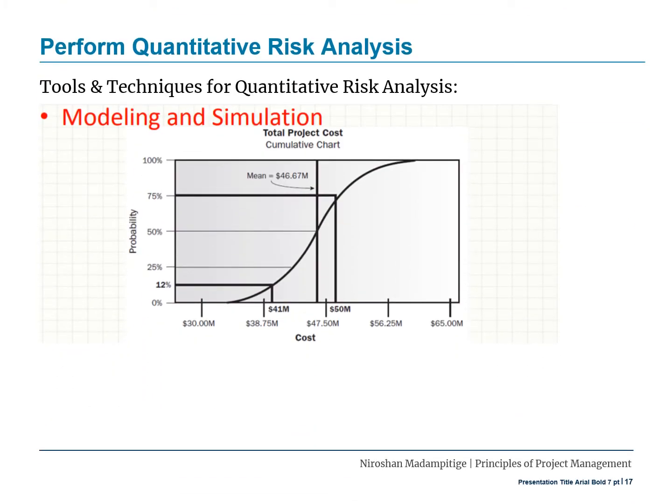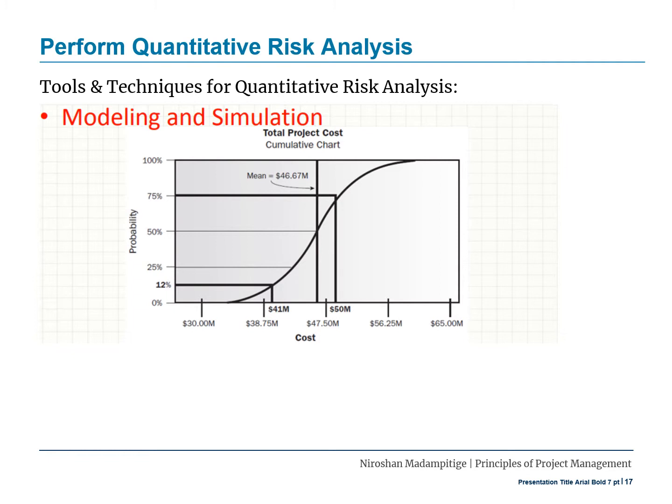Here's an example. The x-axis is the cost and the y-axis is the probability. If you look at the risk perspective, it will take the curve that is shown. The mean value of the cost possible within your project is 46.67 million USD.